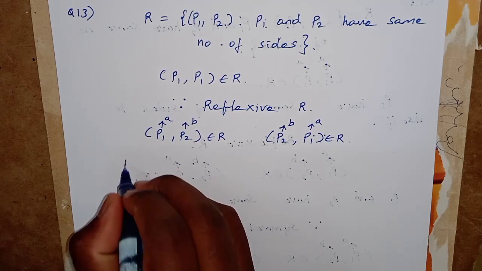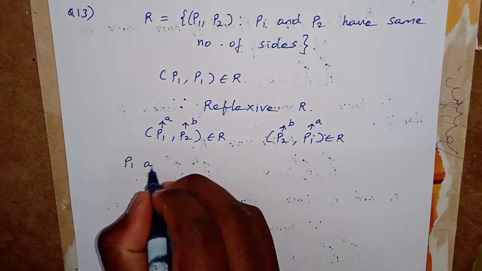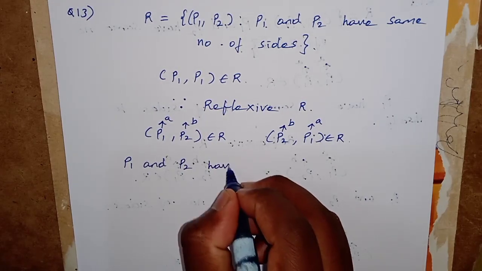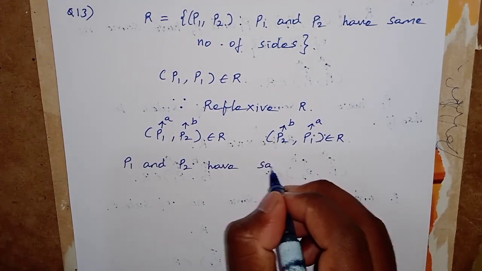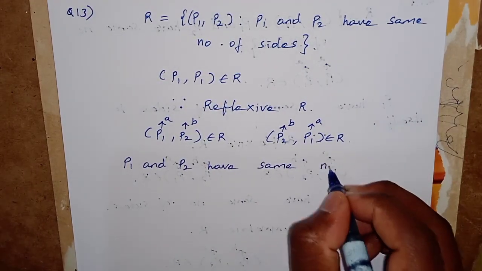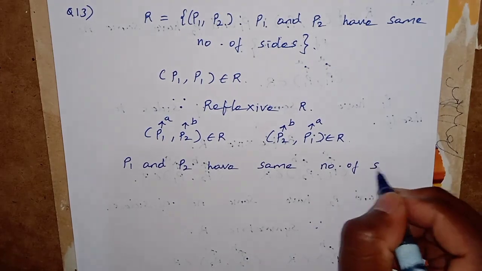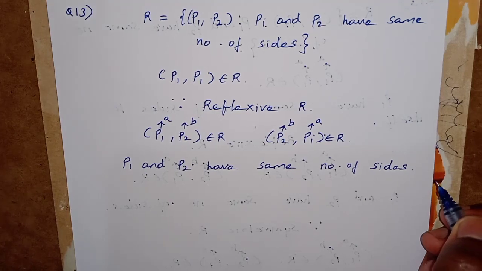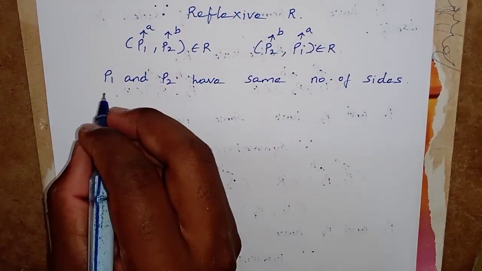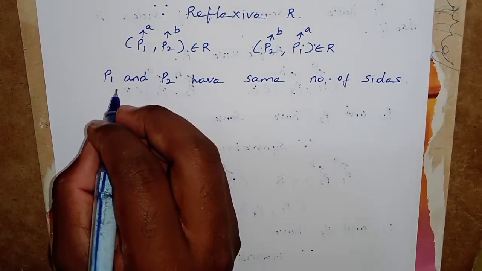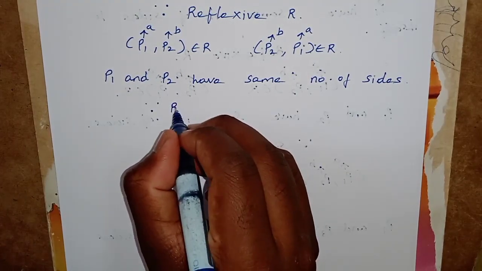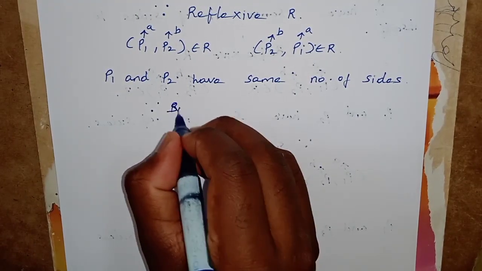Therefore here it is having the same number of sides. Same number of sides. Therefore here it is a symmetric relation.